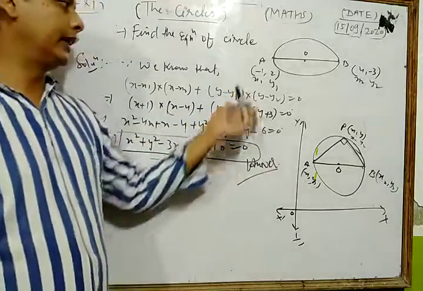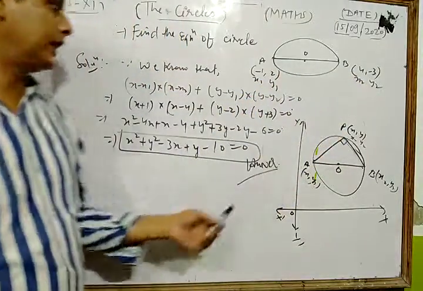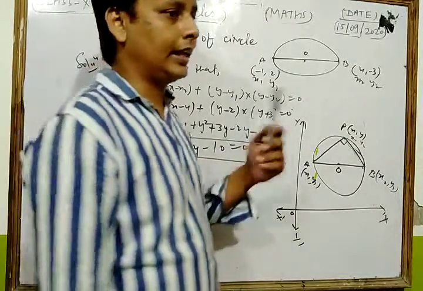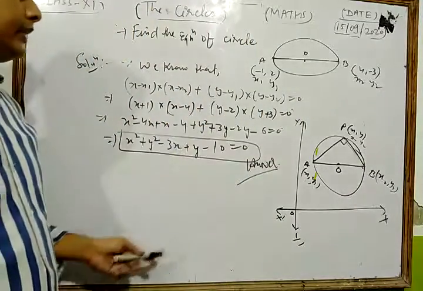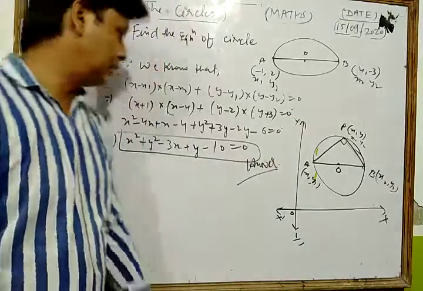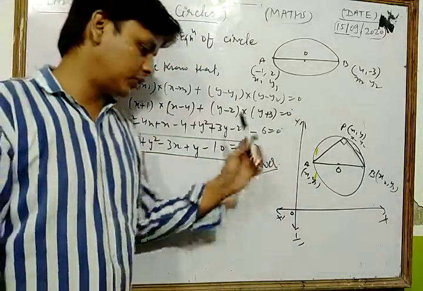Here the diameter is given, so we apply this formula and put in the values of x1, x2, y1, y2. After solving, we get the required equation of the circle, x square plus y square minus 3x plus y minus 10 is equal to 0.